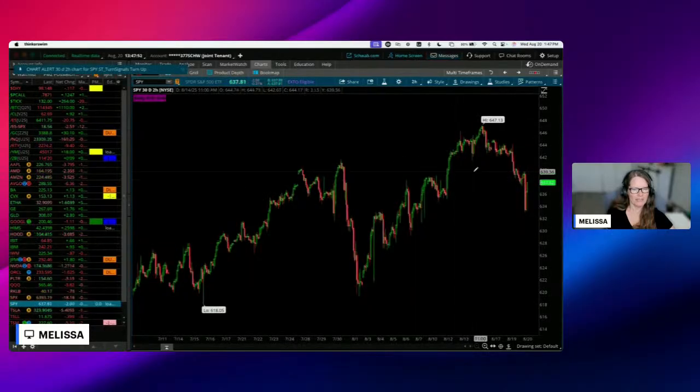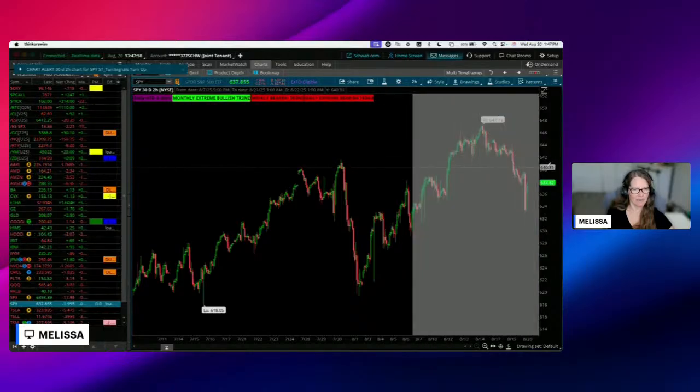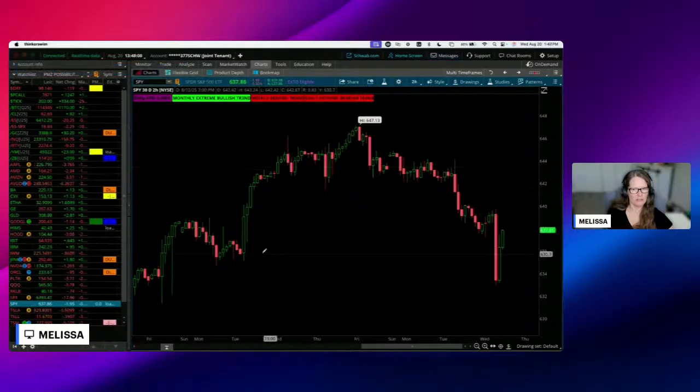So let's pretend that today's price action had not happened and I was just looking to create my support and resistance zones for a day trade today. All right, so let's start with the support.